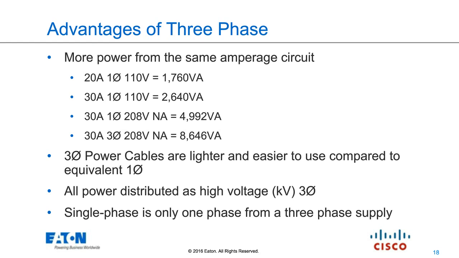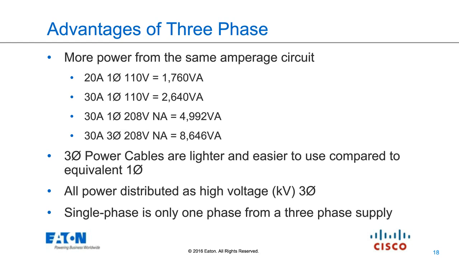So the difference when it comes to power, the amount of power you can get through a three phase and a single phase, looking at 30 amps single phase versus 30 amps three phase, is about 5,000 versus about 8,646. And that difference is the factor of 1.73 that I mentioned earlier. Another difference is that three-phase power cables are lighter and easier to use.